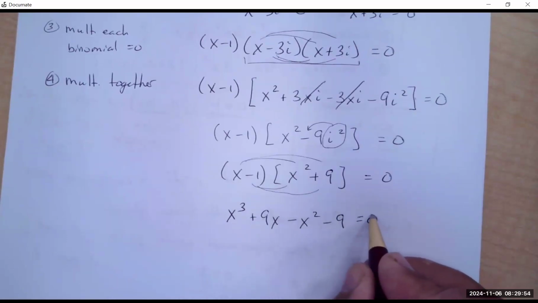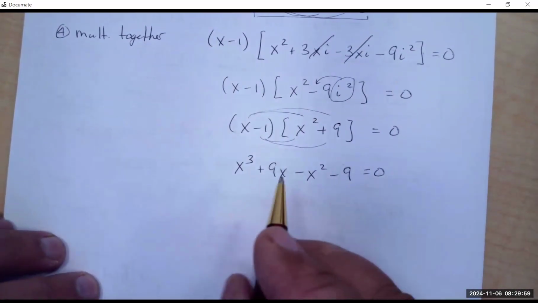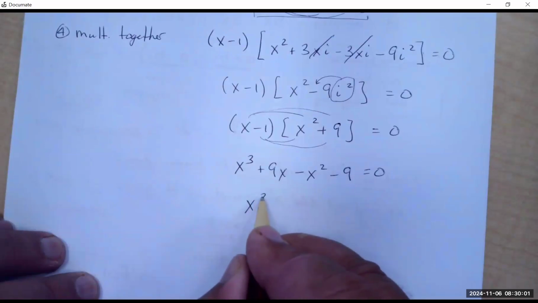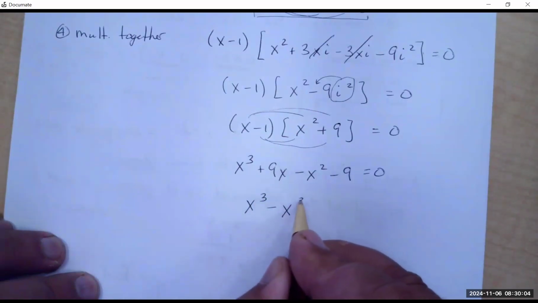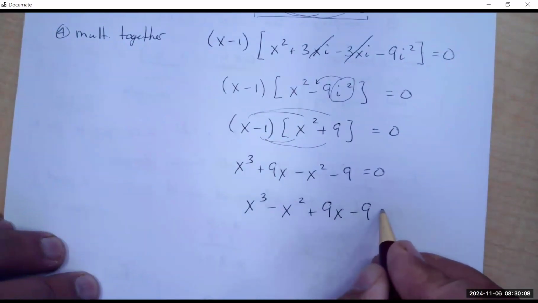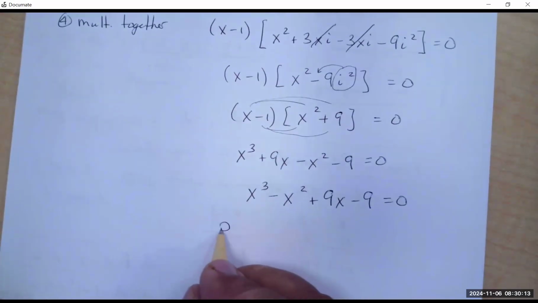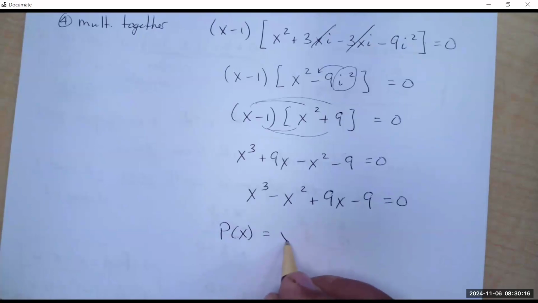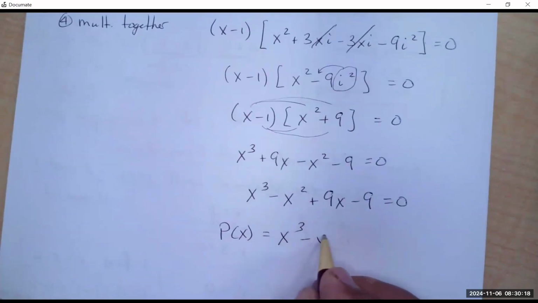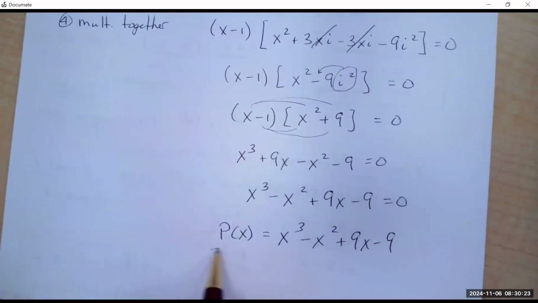Negative 9. Rewrite it so it's decreasing powers. And that's your polynomial. It is x cubed minus x squared plus 9x minus 9. That's how you find the polynomial of that function.